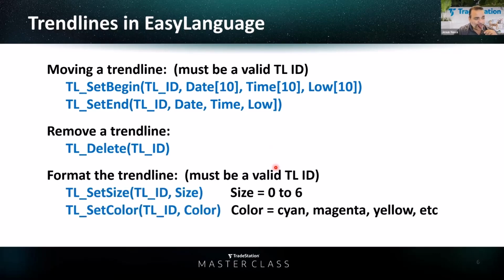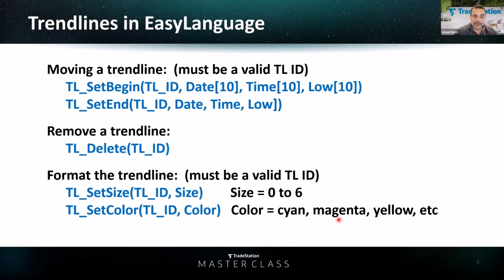And last, you have the ability to set the size and set the color with those 2 additional reserved words, TL_SetSize and TL_SetColor. You provide what the ID is for the trend line. And for the size, it goes from 0 to 6, 0 being the thinnest and 6 being the thickest, and you can choose any number in between for the thickness of your trend line. And of course, the color, we have words that you can just type in.